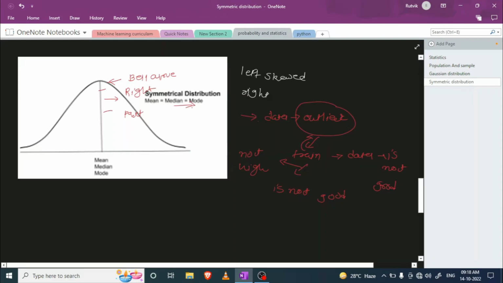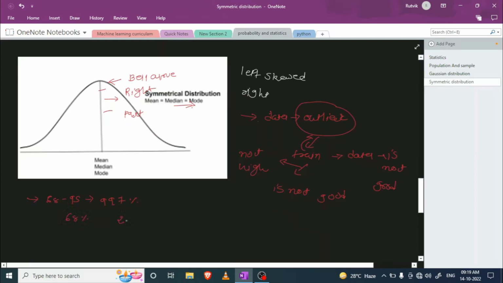To remove such outliers, we implement the symmetric distribution and check whether a particular column or data follows the symmetric distribution or not. The second thing about this distribution is that it follows the 68, 95 and 99.7% rule. What does that mean? The first standard deviation covers 68% of data points.